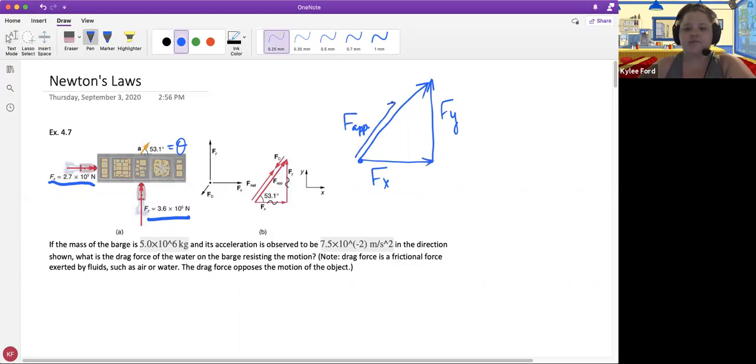So I'm going to call it something else. So again, this one is F applied. And then this one, if it's moving, I'm going to call it the net force of the system. So that is taking into consideration the drag from the water. This is how much force that is moving that barge.